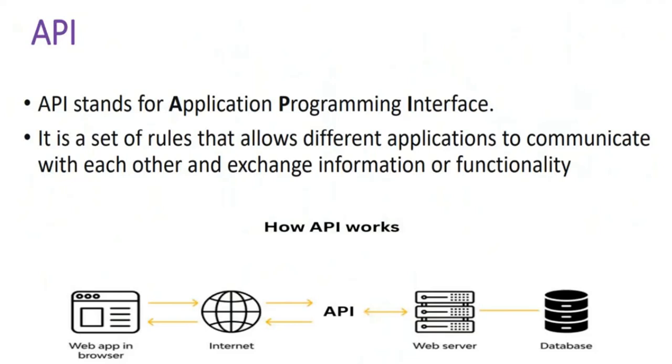APIs contain a set of rules and regulations that allow the applications to communicate with each other from the server to the web browser and exchange a few pieces of information, like the details we are booking for and searching for, and a few functionalities.